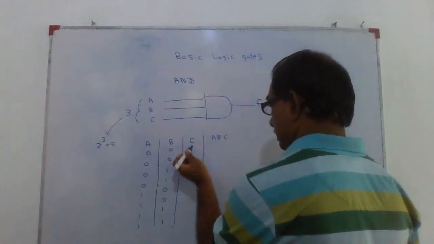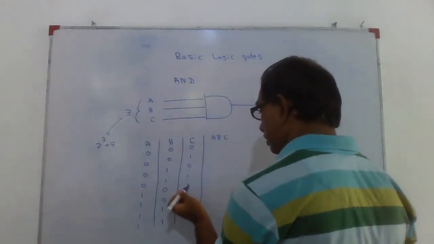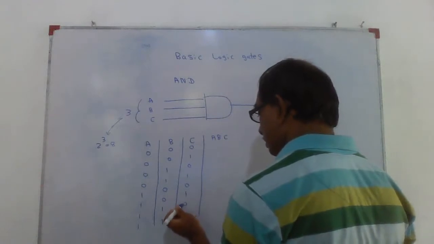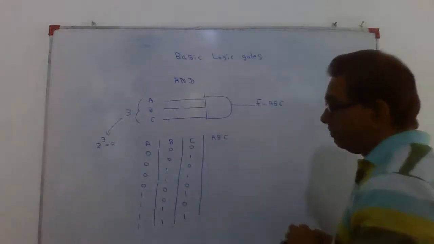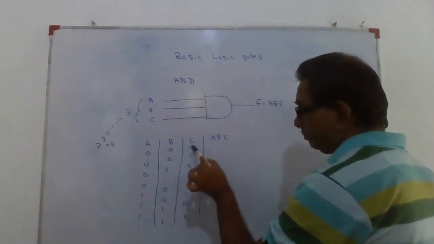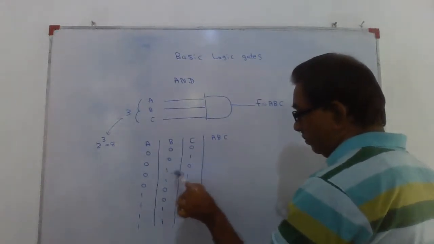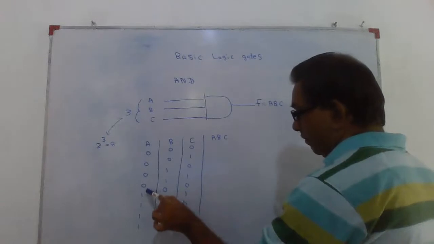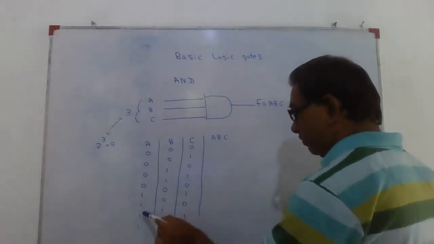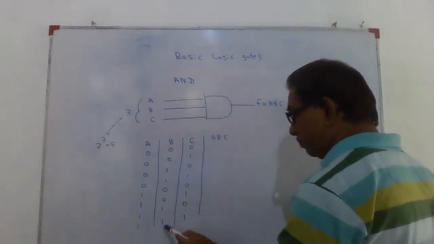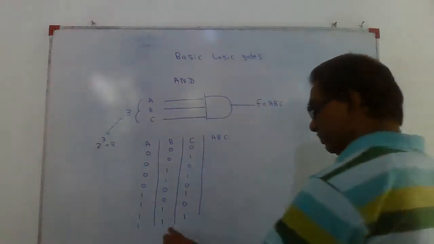For C, 0, 1, 0, 1, 0, 1, 0, and 1. If you see this table carefully, the values can be seen: 0, 1, 2, 3, 4, 5, 6, 7. It is easy.